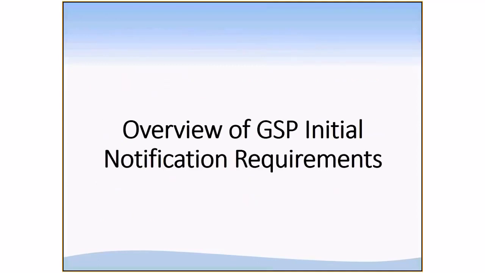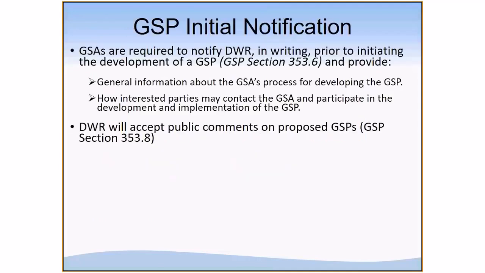So, an overview of the GSP initial notification requirements in the Sustainable Groundwater Management Act and the Groundwater Sustainability Plan regulations. GSP Initial Notification. GSAs are required to notify DWR in writing prior to initiating the development of a GSP.